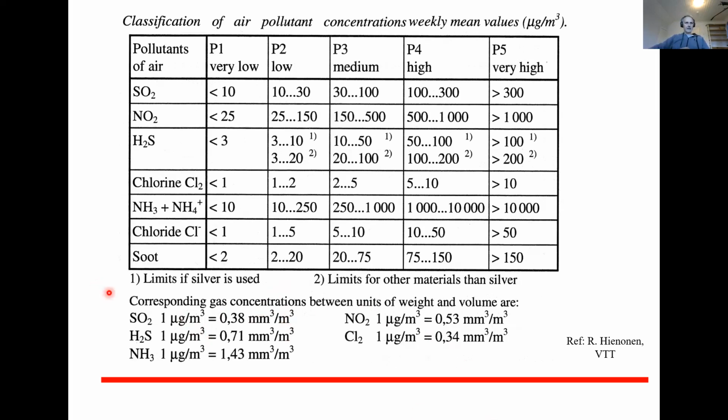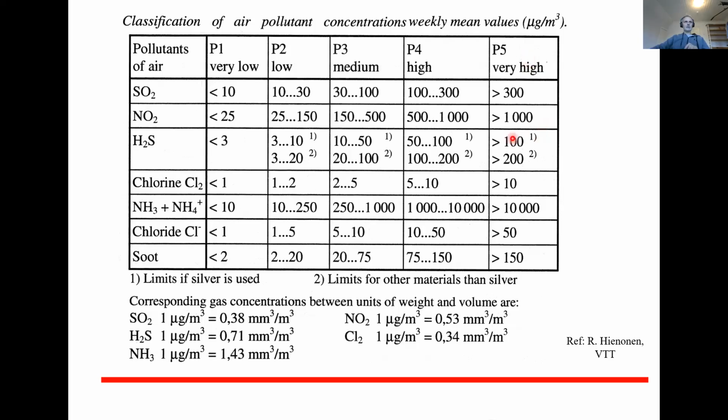But this is basically not important for now. The idea is the most important thing. So you have categories. The average amount of these most harmful impurities. And then going towards higher concentrations, you go from P1 to P5.